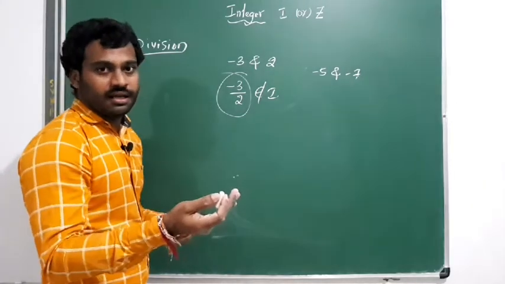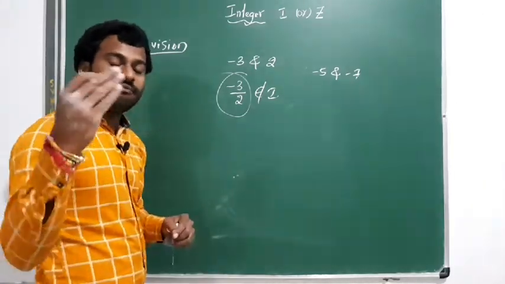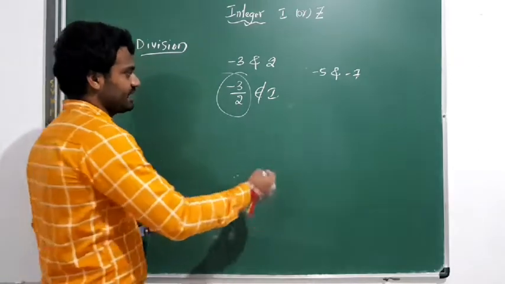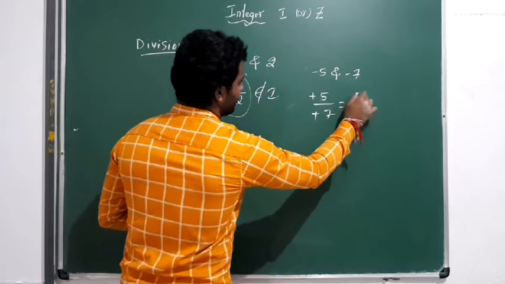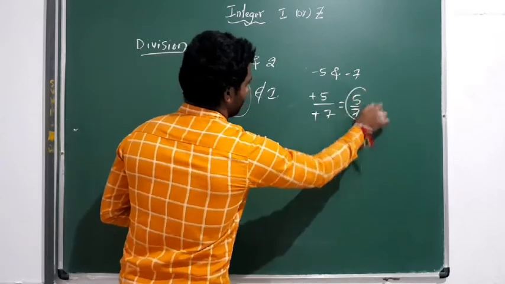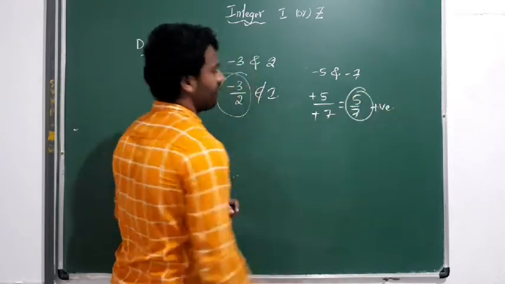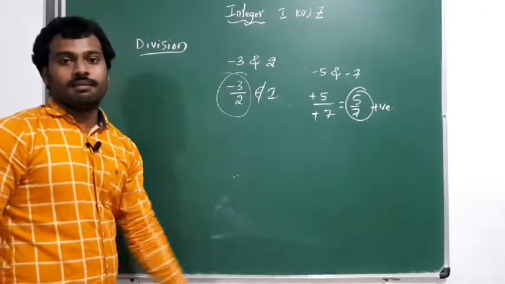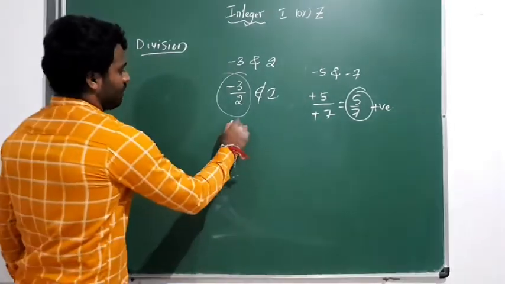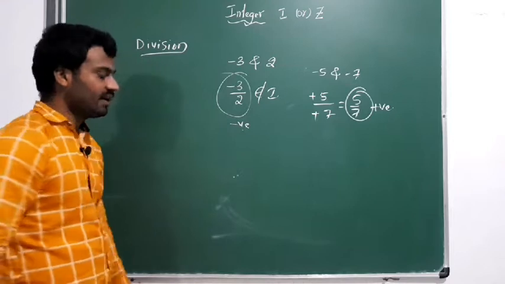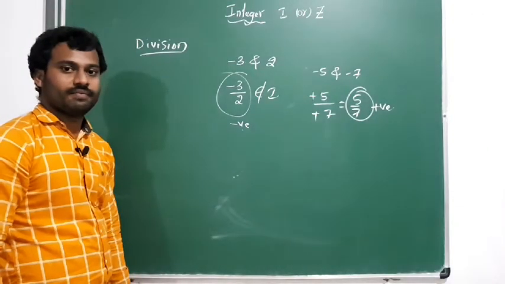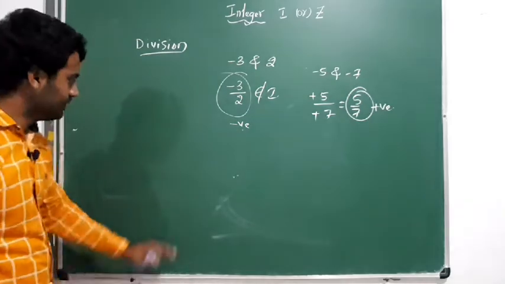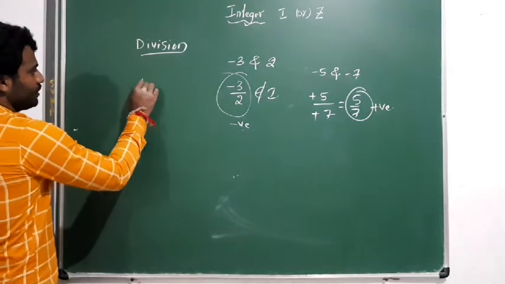You won't get an integer value, but whether that value will be positive or negative, we can say. -5 divided by -7, minus signs cancel. The answer is positive. Whatever may be the value, not an integer, but the value will be positive. But this one is a negative value.